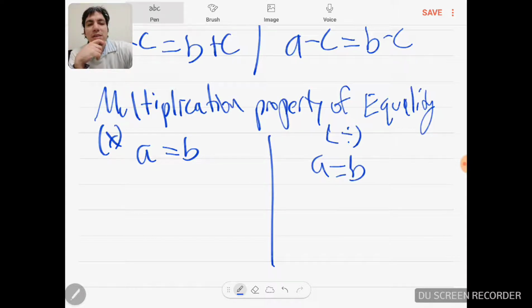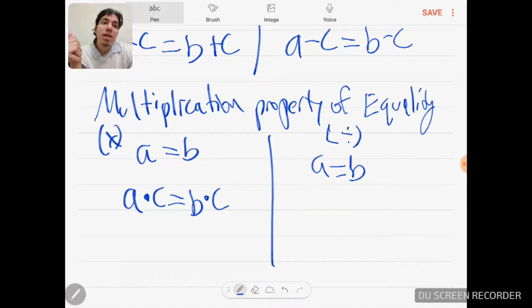If I multiply a number C on A, I have to multiply it on B as well. Same goes for division. If I divide by C on one side, I have to divide by C on the other.